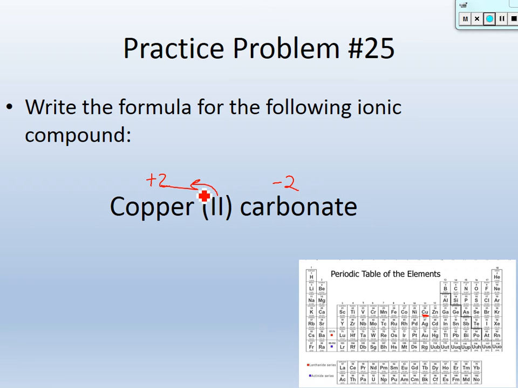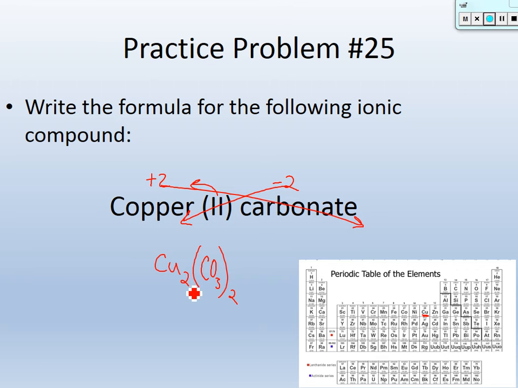Now we're going to do the crisscross method. Copper is Cu. What number comes here? A 2. And carbonate, because it's a polyatomic ion, and this number is greater than 1, I'm going to use parentheses. Carbonate is CO3. Again, we can't change anything in here. And this 2 comes down and is on the outside.